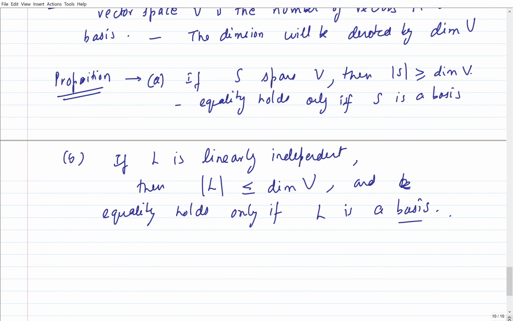There's another proposition 3.20. You can read it from the book, or maybe we can do it the next time. But next time we'll start with the computation with basis, change of basis, and so on and so forth. Thank you.